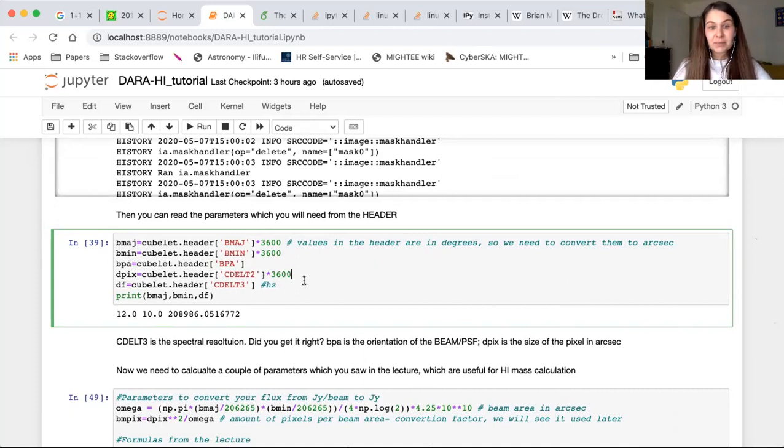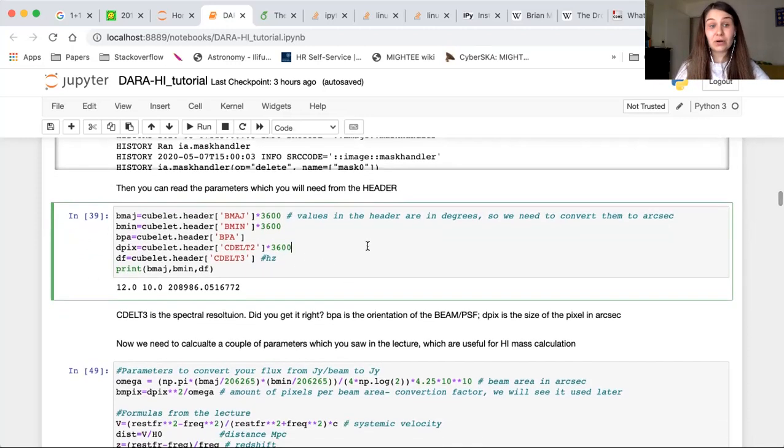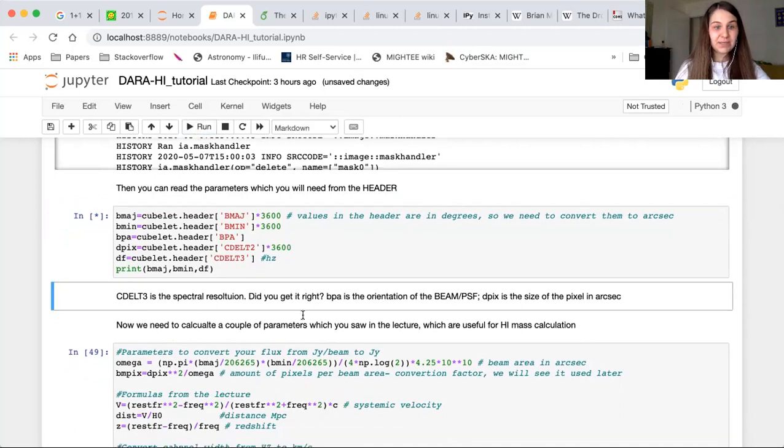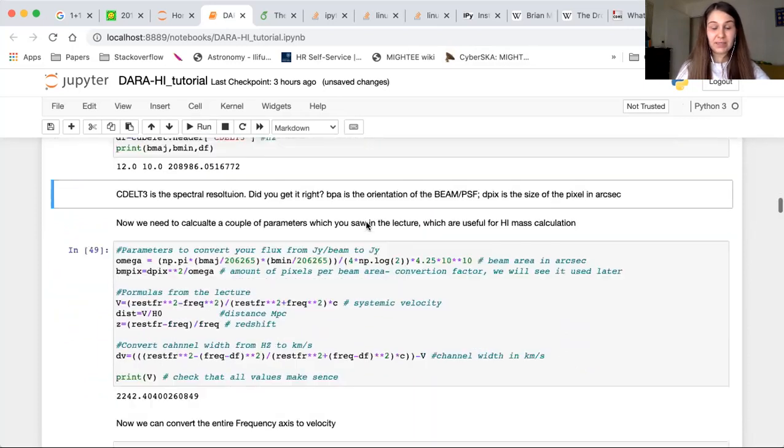BPA is the position angle of the synthesized beam. dpx is the number of arcseconds per pixel. And df is your frequency resolution, so the width of a channel. We can run it here, and for example, here we ask to print the major and minor axis of the beam and the frequency resolution, and we have it here.